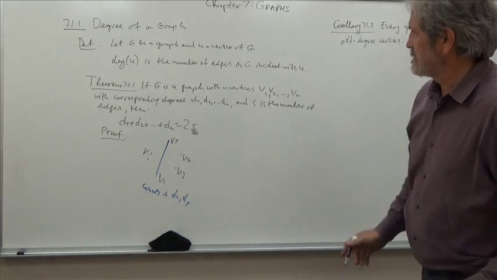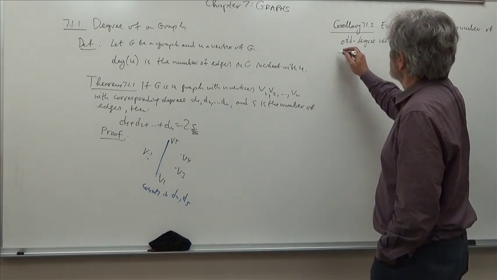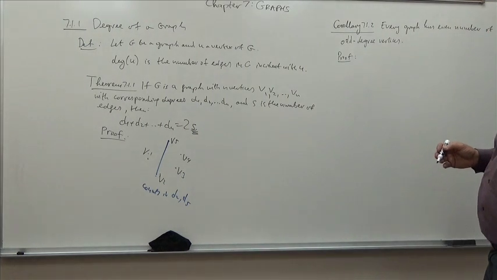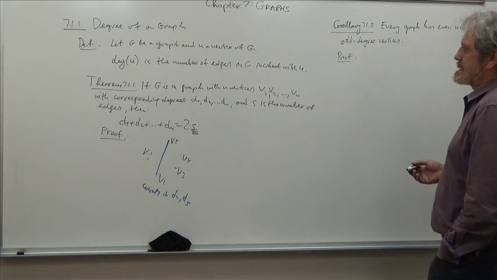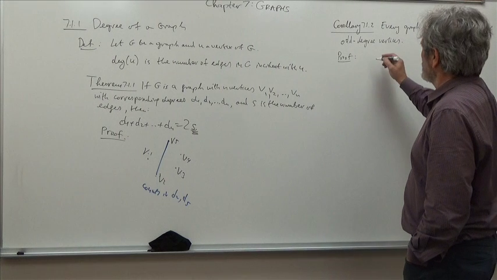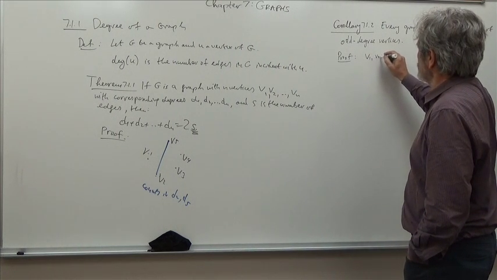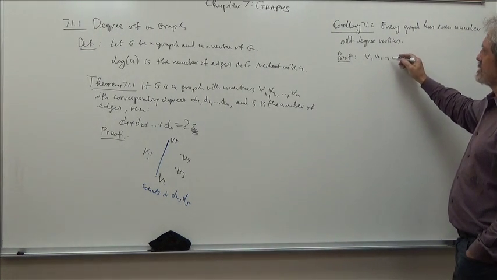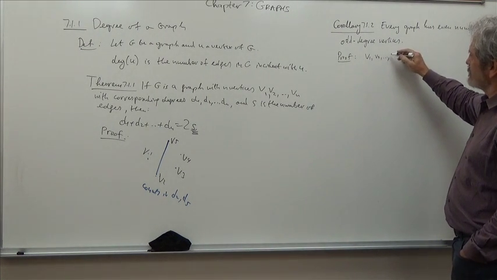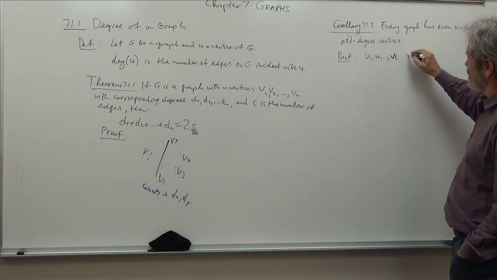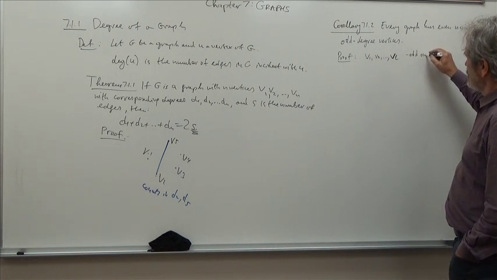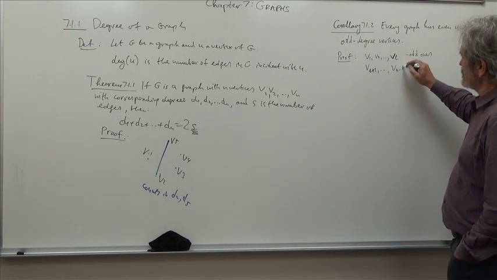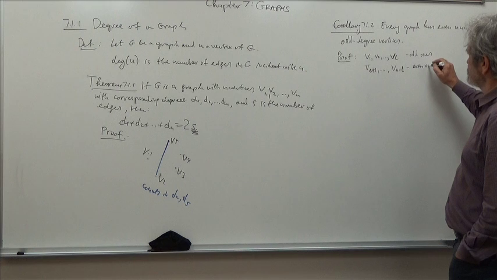And why is that? It's a very simple proof. We'll let the labeling be like here, vertices V1, V2. But let me first list the odd ones. So V1, V2 up to VL are odd ones, and then VL plus 1 all the way to Vn minus L are even ones.